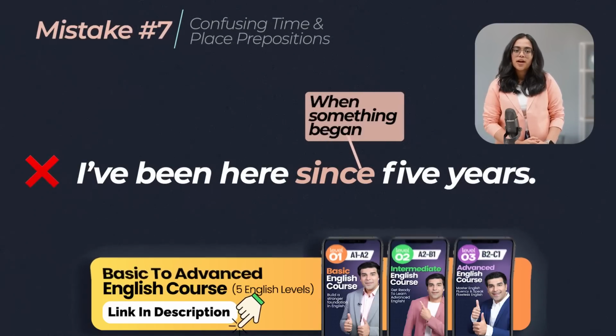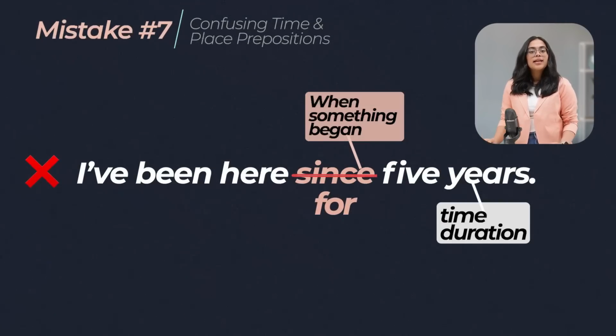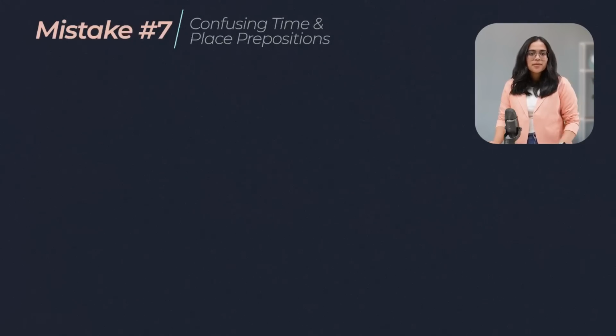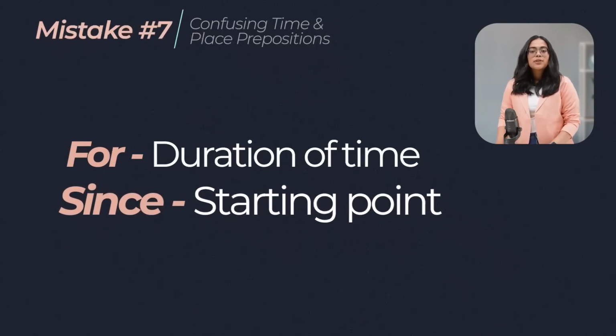Here we are talking about the duration of time, which is 5 years. So the correct preposition to use is for and not since. I have been here for 5 years. So remember, we use for duration and since for the starting point.